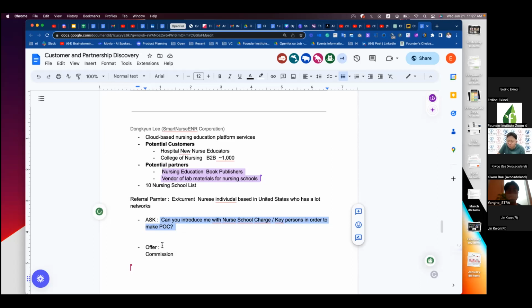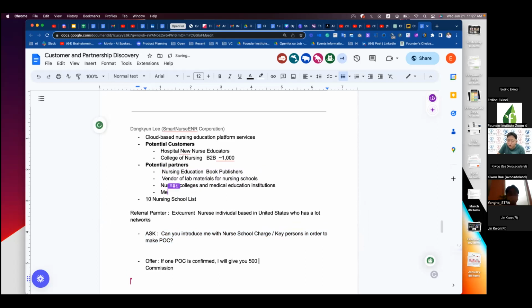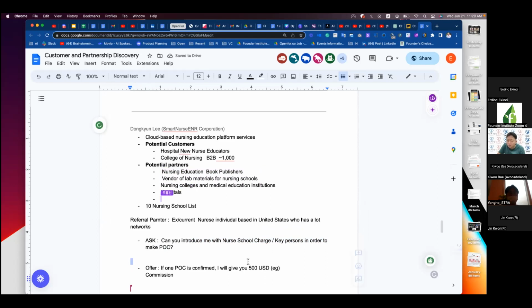True. So my suggestion, general practice is like, if one POC is confirmed, I will give you 500. This is a number example, okay? You can also define it. This money is not real.